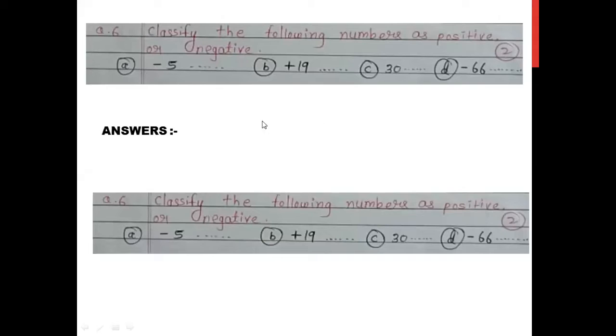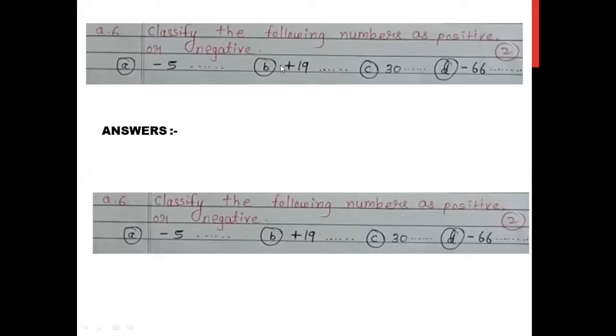Some numbers are positive and some numbers are negative. So in these numbers, I have given some numbers here. You have to classify the following numbers as positive or negative. The numbers having this sign, this sign is called minus sign.